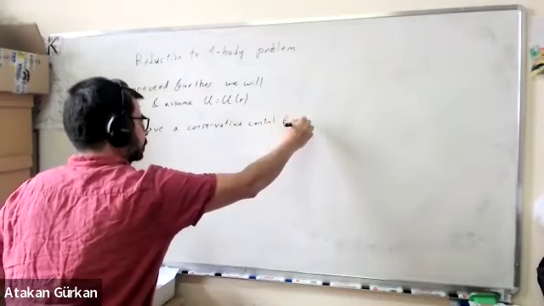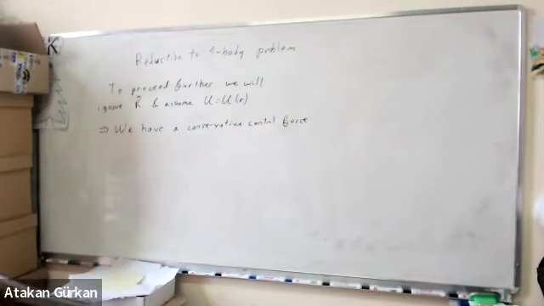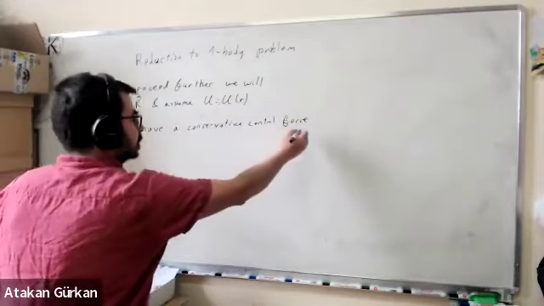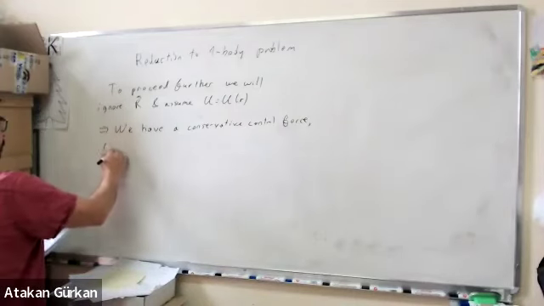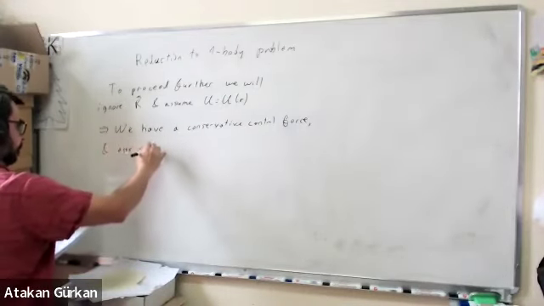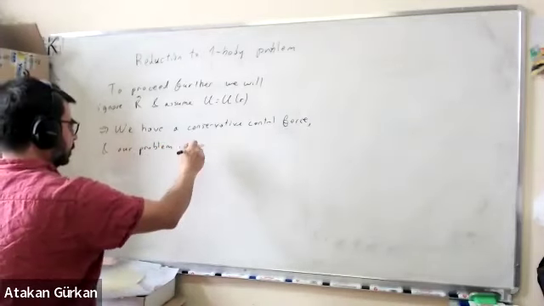I call this a central force because if the potential energy is given this form, then the force has only a radial component. It should be pointing towards some force center. And because it doesn't depend on the direction and just the magnitude, our problem is spherically symmetric.